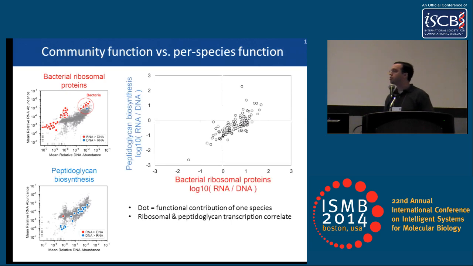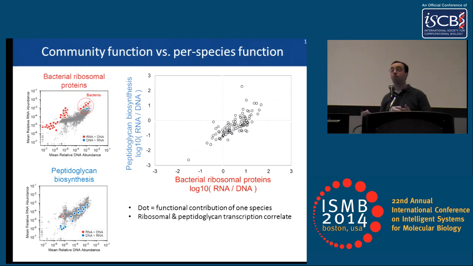And what we saw was a picture like this. In this case, what we have are the bacterial ribosomal protein biosynthesis on the x-axis and the peptidoglycan biosynthesis on the y-axis. And what we're looking at here is the fold transcription over the fold metatranscriptomic abundance, RNA over DNA abundance. So for example, if you're at a 2 here, it means you were 100 times more abundant at the RNA level than you were at the DNA level.